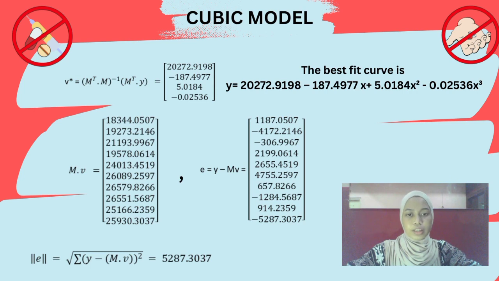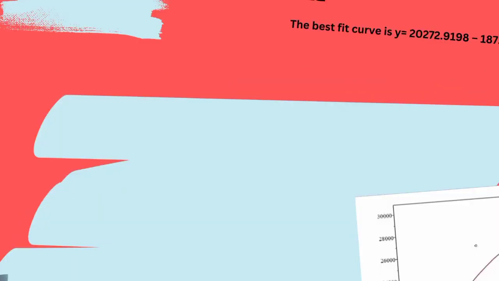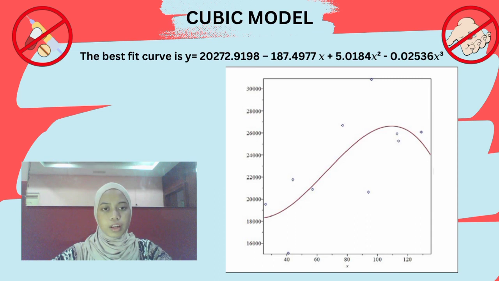Next, we find the error magnitude by taking the square root of the sum of the squared error values, and the answer is 5287.3037. This is the graph we plot for the cubic model after finding the best fit curve equation.